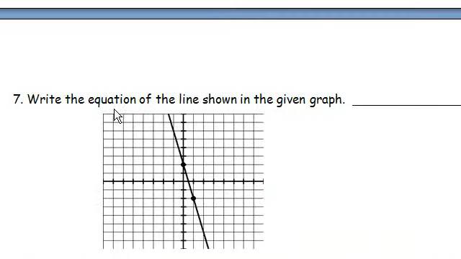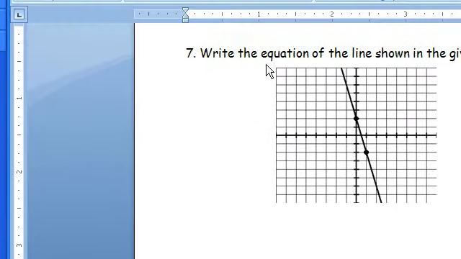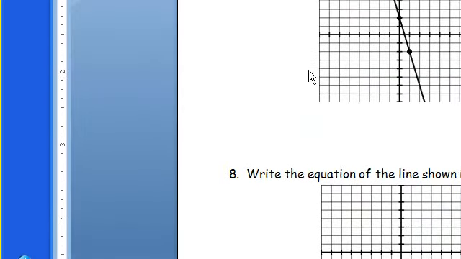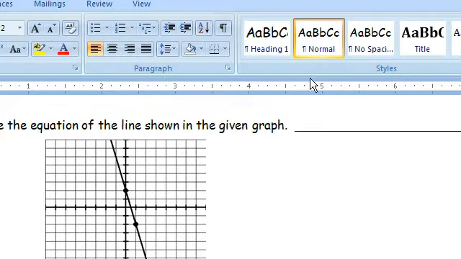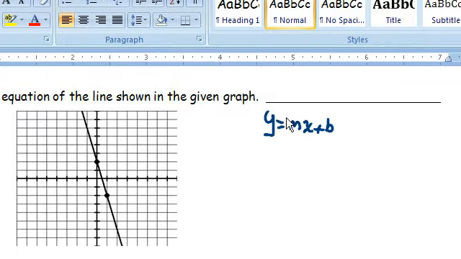Okay, we'll go to page 2 here. Write the equation of the line shown in the given graph. Well, the easiest way to do this is to use our slope-intercept form, mx plus b.